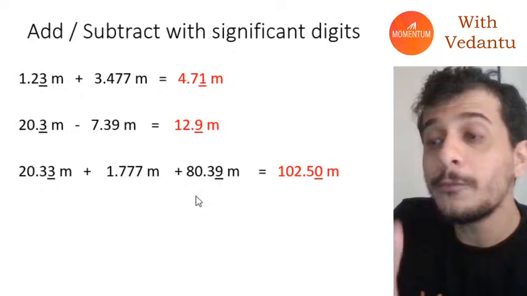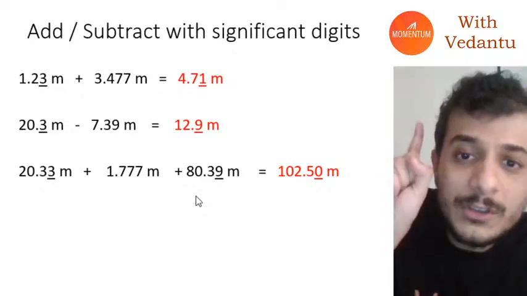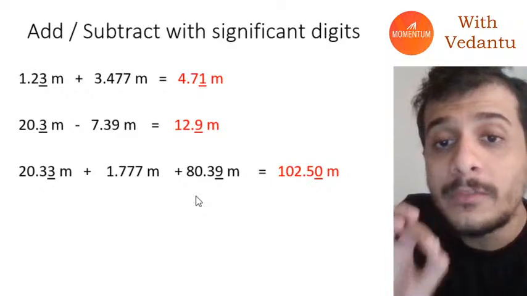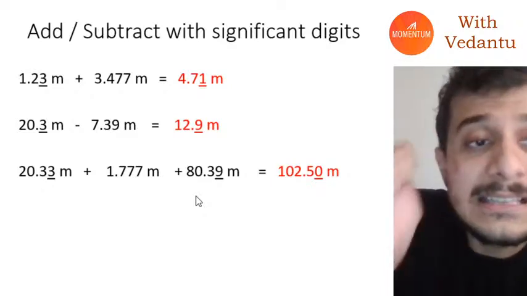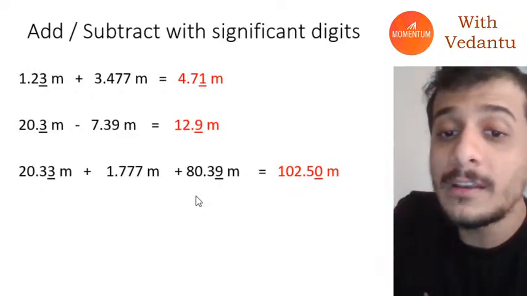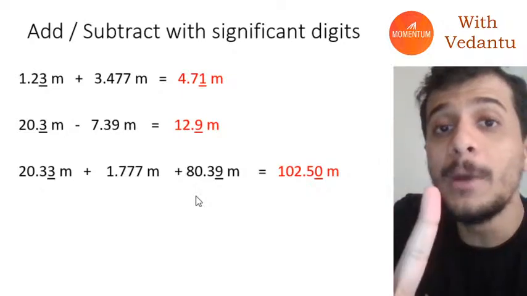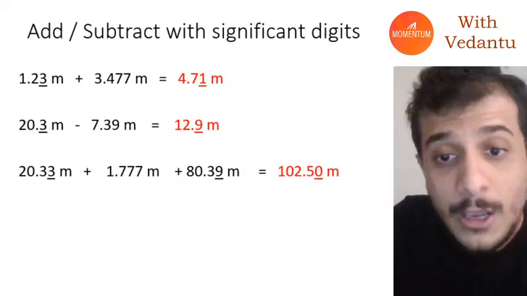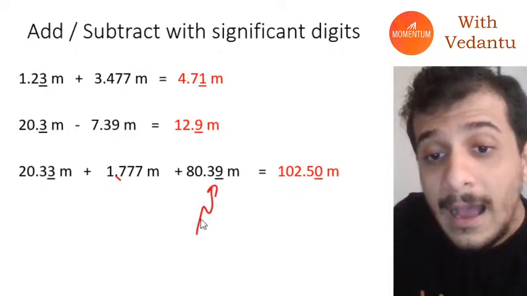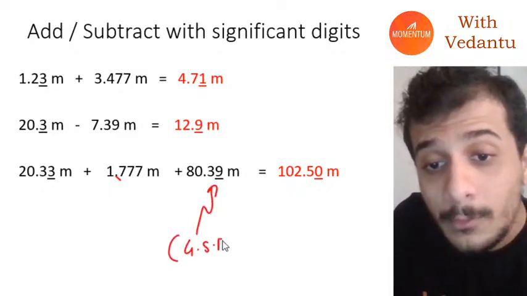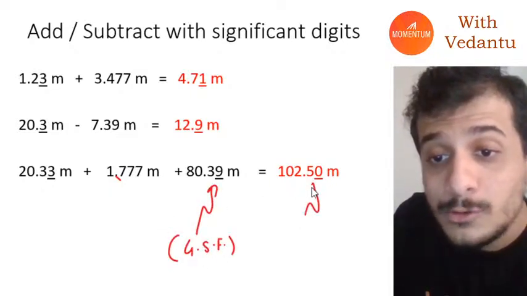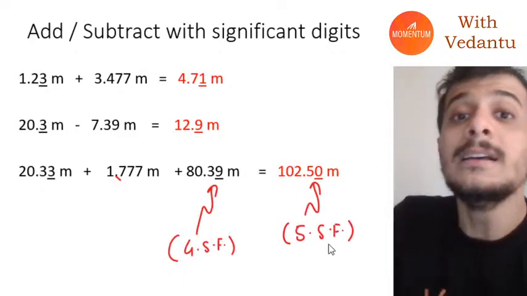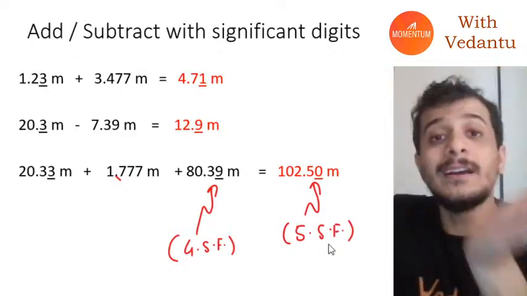We have to round it off to that many decimal places. Remember, in this case, do not count the number of significant digits. You have to count the number of decimal places. If you count significant digits, this one has four significant figures, but the answer we got has five. When adding or subtracting, sometimes the number of significant figures increases.